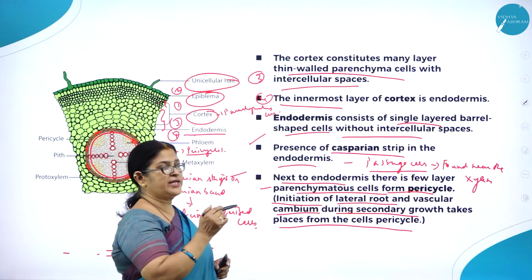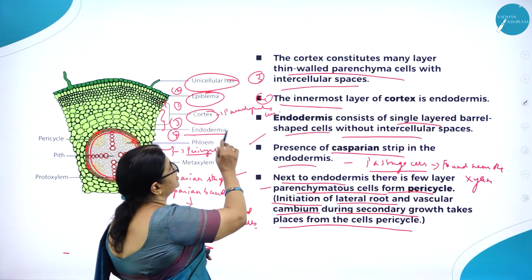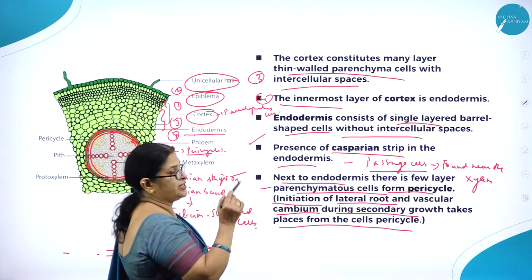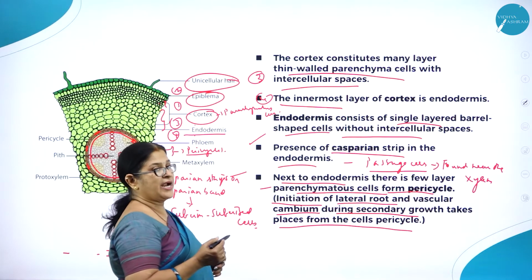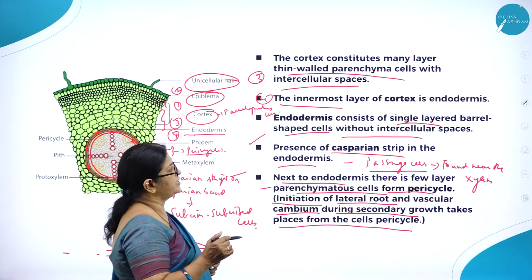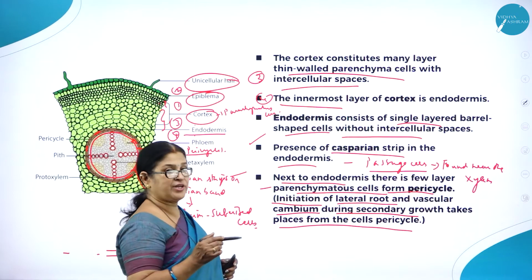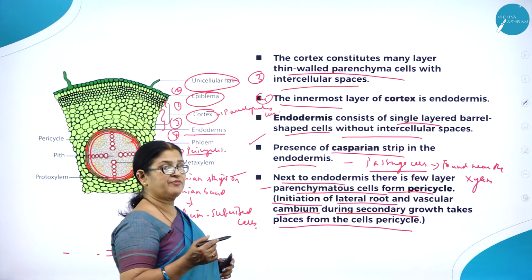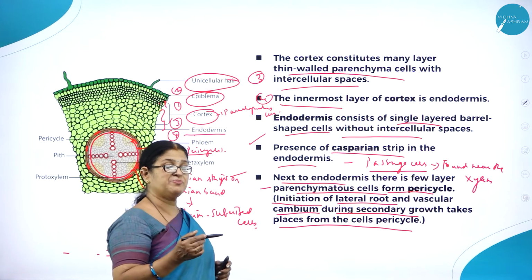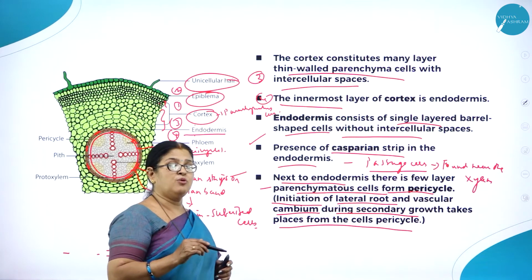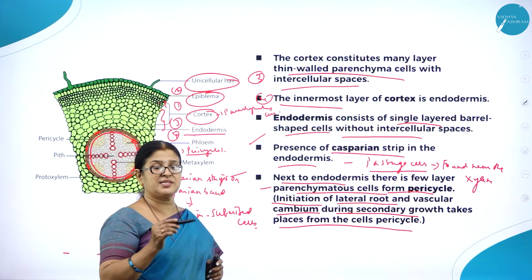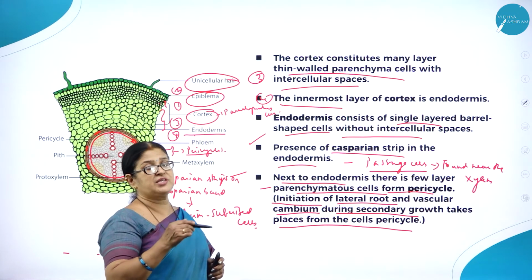The cortex constitutes many layered thin walled parenchyma cells with intercellular spaces. The innermost layer of cortex is endodermis, a single layered barrel shaped cells without intercellular spaces. Casparian strips are found in the endodermis, but not where passage cells are found. Passage cells are found near the xylem to facilitate the movement of water.